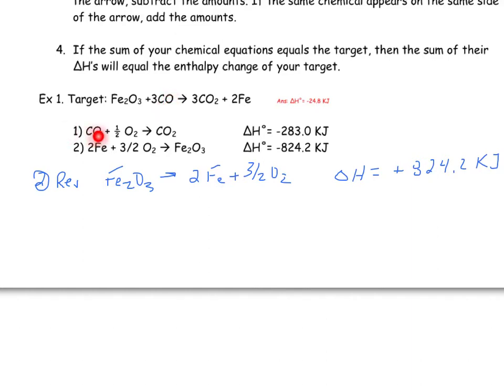Equation number 1 has carbon monoxide in it, but it doesn't have the right amount. So I'm going to fix that by writing reaction number 1 and timesing it by a factor of 3. If I times the equation by 3, then I have to times the enthalpy by 3.